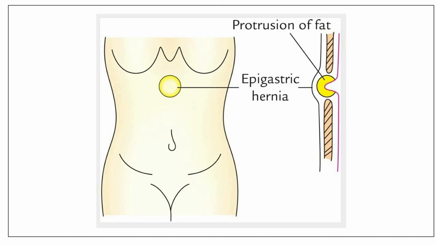We'll talk about the omentum and all that in the upcoming videos, but you have to know that every time the muscle is weakened, which happens in chronically ill children and also in multiparous women, because of the expansion of the abdominal wall and shrinkage, it becomes weak. And every time the intra-abdominal pressure is increased excessively, that could be an epigastric hernia.